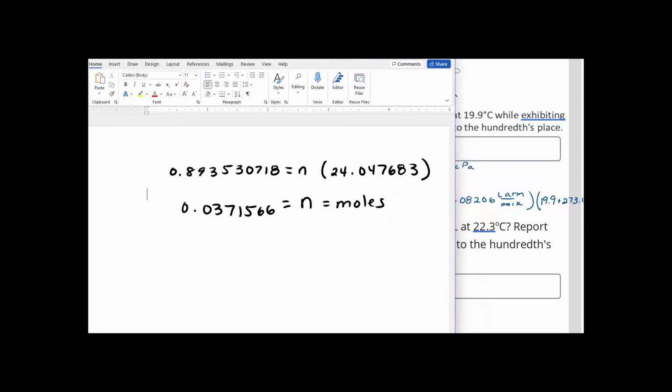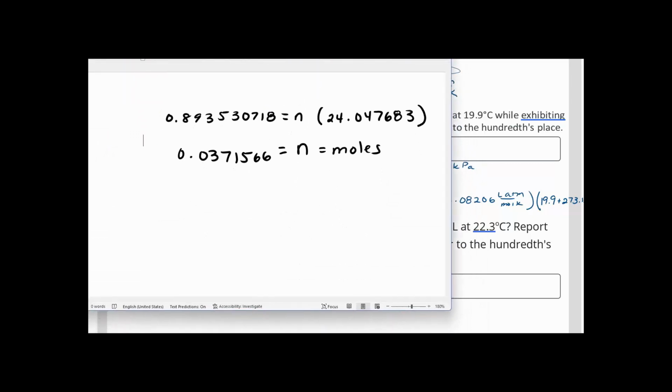We have a mass of 8.51 grams, and that mass, 8.51 grams, contains 0.0371566 moles. So when I divide these two values, I will get the grams per mole, and that is 229.03 grams per mole.